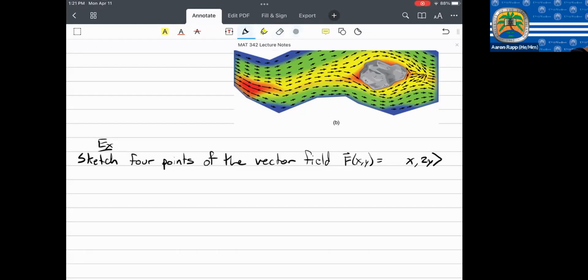Make sure that negative is apparent there. So we're going to sketch 4 points or 4 vectors in this vector field defined by the vector negative 2x, 2y.